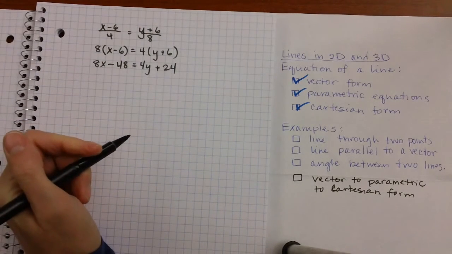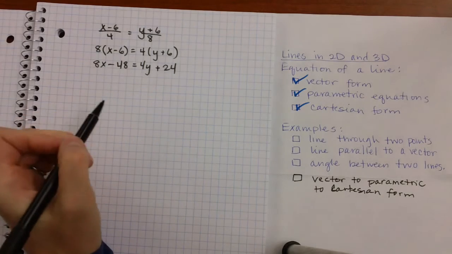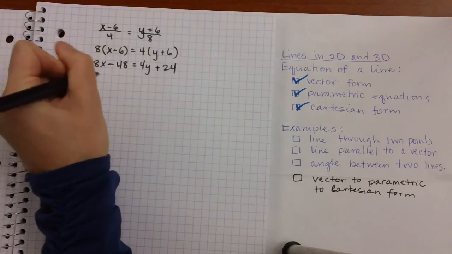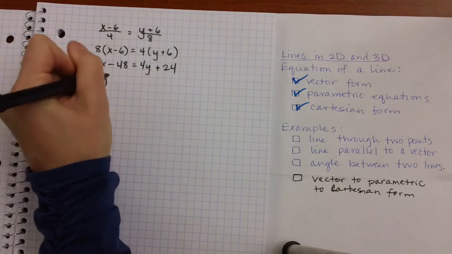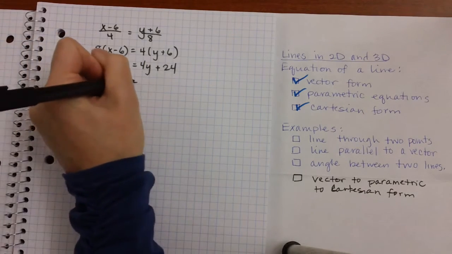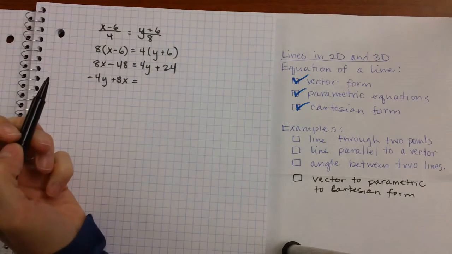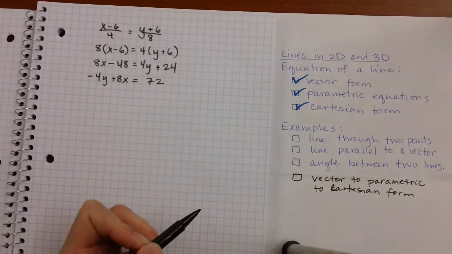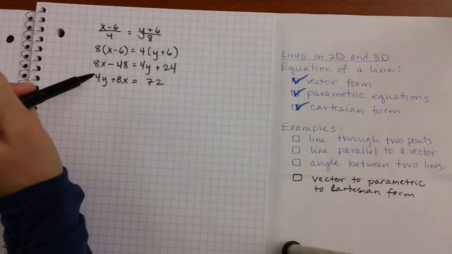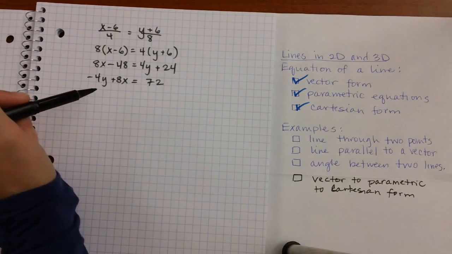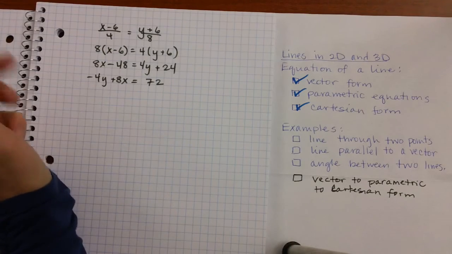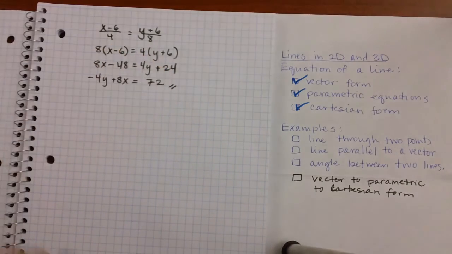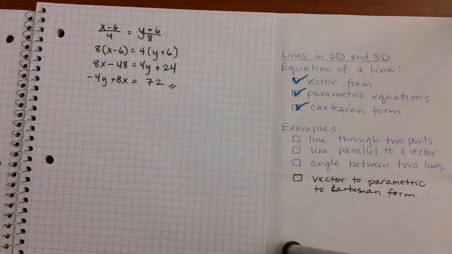If I want to get it into general form, I'm going to have my x and my y on the same side. So I'll go ahead and do that. I'll move this one over here. So I have negative 4y plus 8x. And then I want to add 48 to 24. Put it over here. Okay. And then each of these is a multiple of 4. So I can divide everything by 4, or I can just leave it like this, because it's fine. So that is my Cartesian form of the equation.